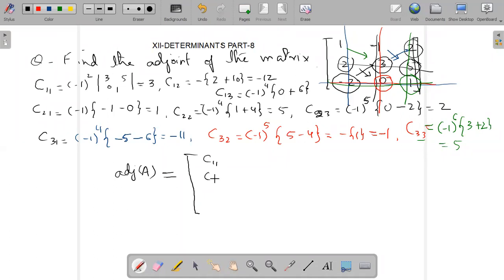C11, C12, C13, C21, C22, C23, C31, C32 and C33. Okay, we can substitute.